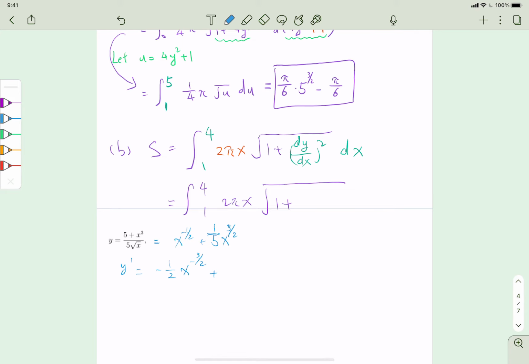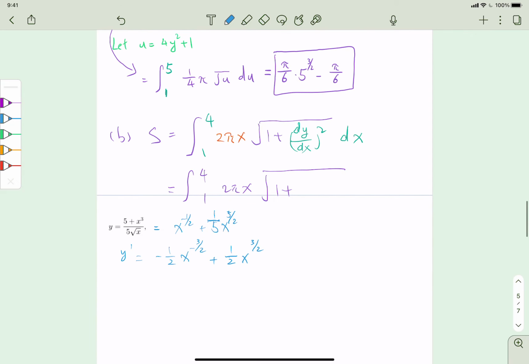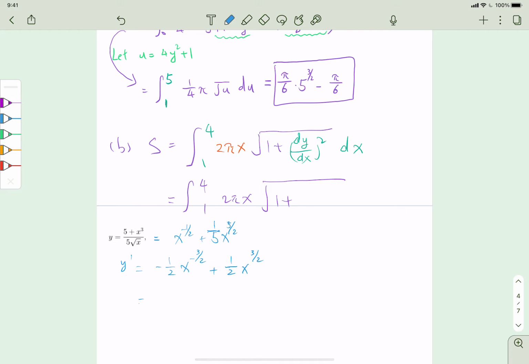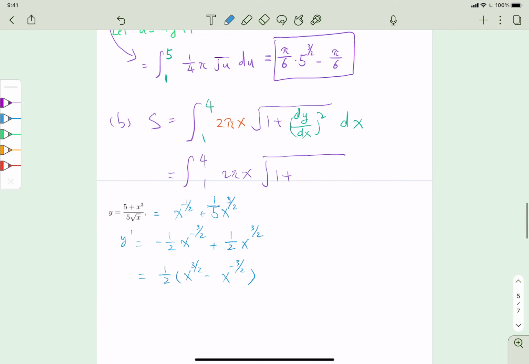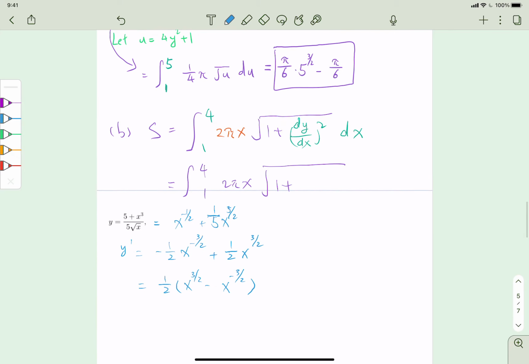Cancel with that 1 over 5. So I have x to the 1 over 2 times x to the 3 over 2. Okay, so it's this one here. And you can write it that way. This is x to the 3 over 2 minus x to the negative 3 over 2. And then I'm gonna put it here. Okay, put this thing here.